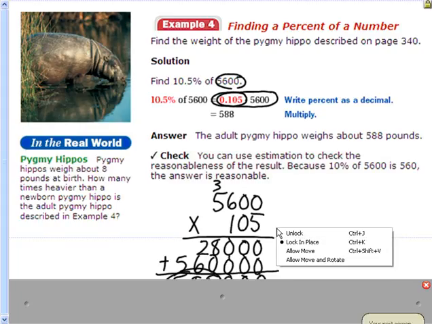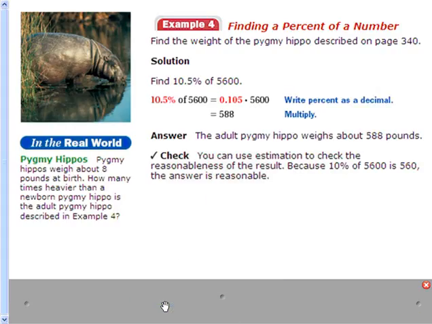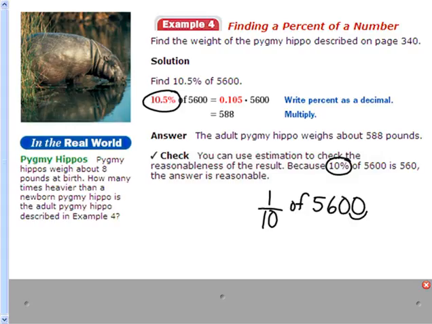10% is close to what we're looking for. We're looking for 10.5%. And 10% is just easier to work with. 10% means 1/10. So 10% or 1/10 of 5,600, you could just find that by dividing by 10, which essentially moves the decimal point to the left once or drops a 0.